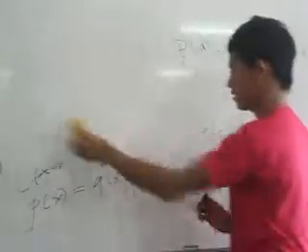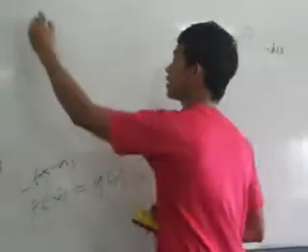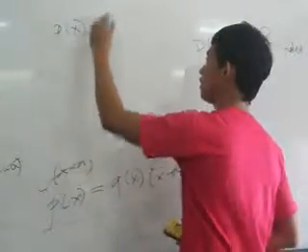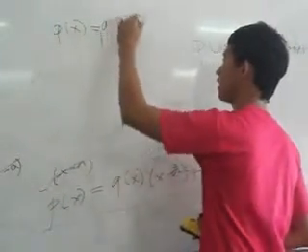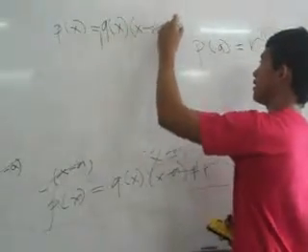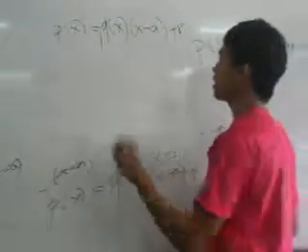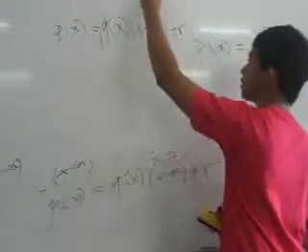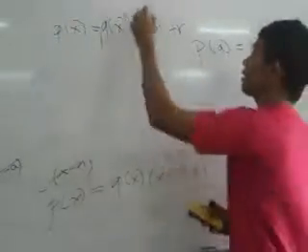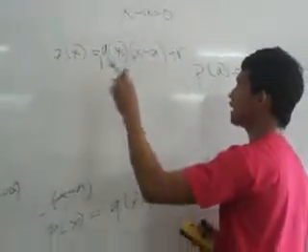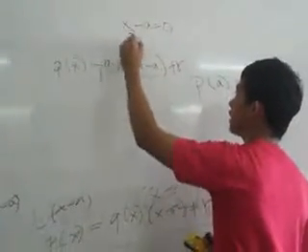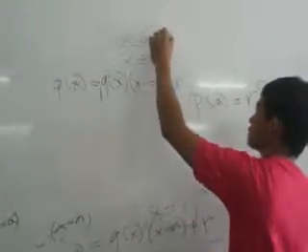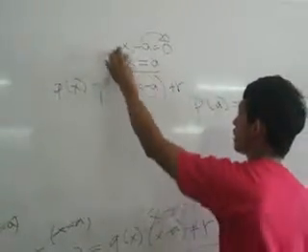So, P of x is equal to Q of x times x minus a plus r. Here, let's assume that x minus a is equal to 0. Now, to get the value of x, let's use x is equal to a, because when we transpose this value, this would be x minus a.